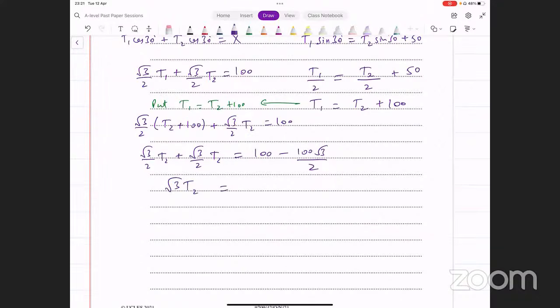Right side पे what do we get? 100 minus 100 square root of 3 divided by 2. On the right side, I'm getting 13.397. And then T2 turns out to be this divided by square root of 3, which for me is 7.735.